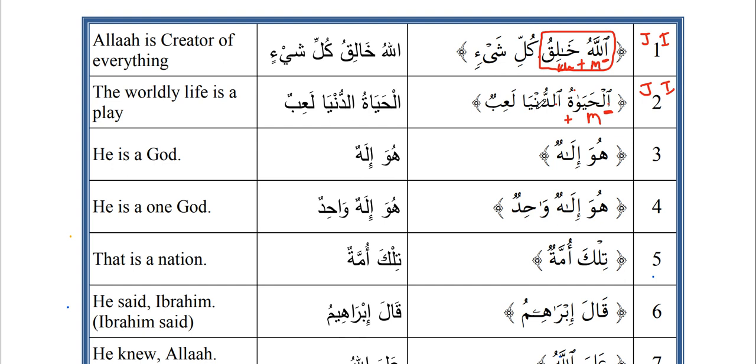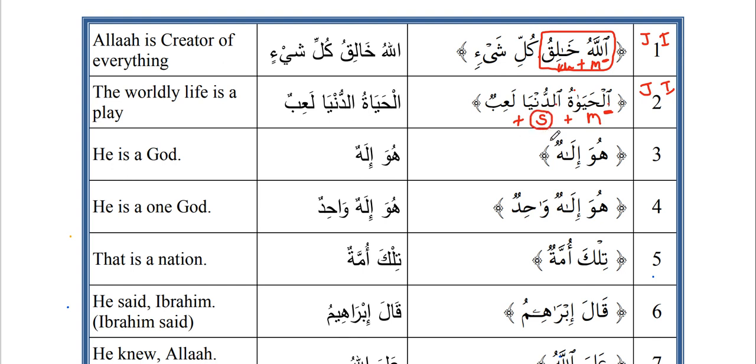Now you can see the sifa is describing the mubtada. So the sifa has come just after the mubtada. And now when we have the sifa and the mubtada, what will you look for? Even though the sifa has come in between, you will not stop looking for the khabar. You will still search for the khabar.